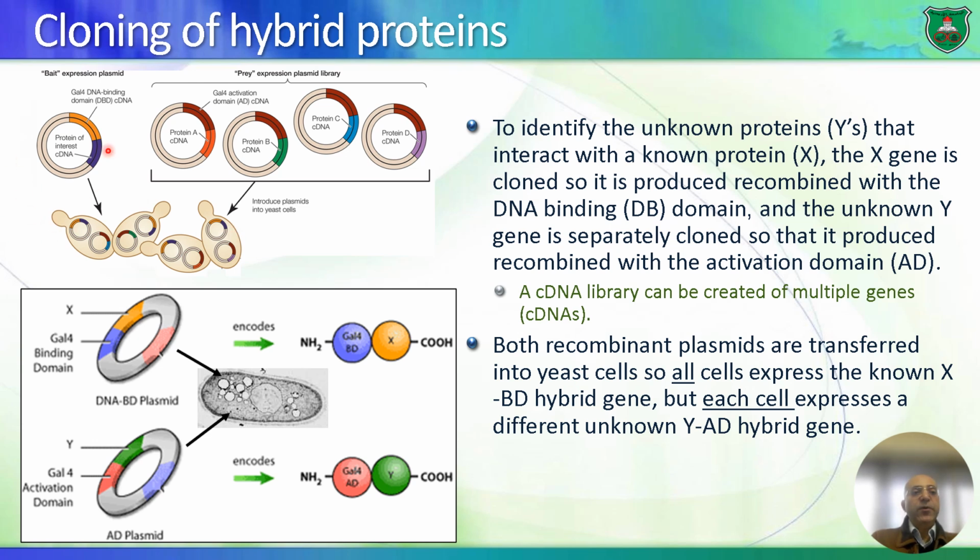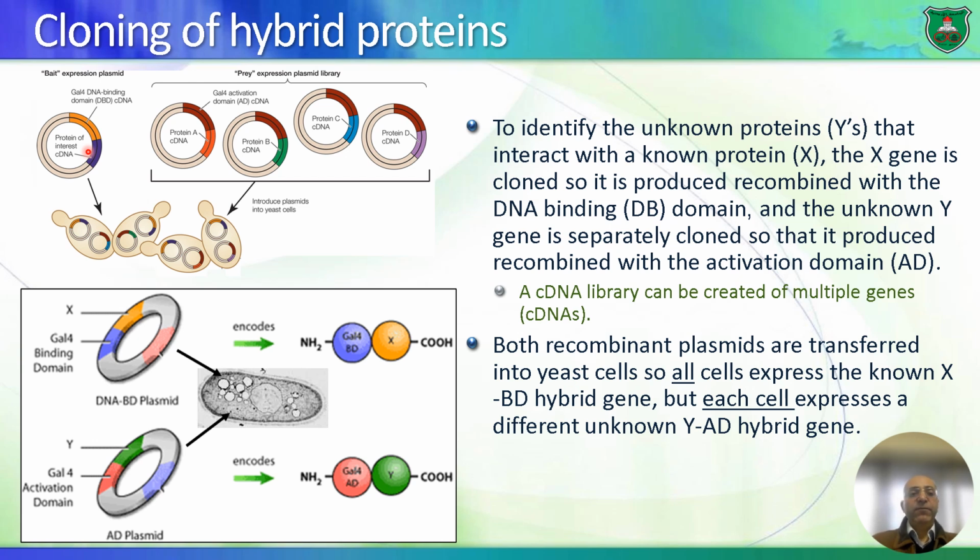This plasmid that produces recombinant X would exist in every yeast cell. And I have, let's say, 1 million yeast cells. Each one of them has the plasmid that can produce a recombinant X protein with the DNA binding domain.